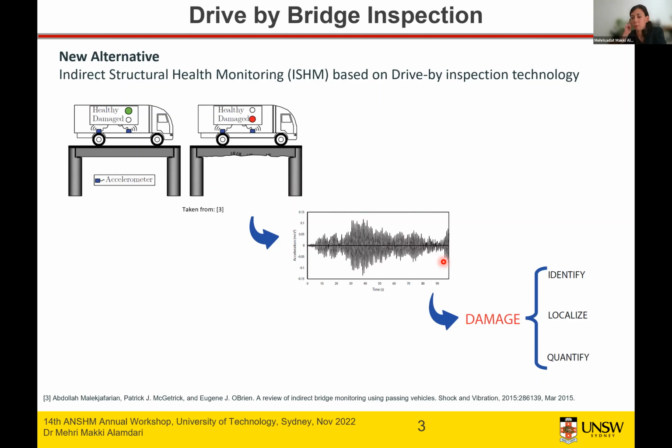These two levels are at the moment the research focus of my research group at UNSW in the School of Civil and Environmental Engineering. We are trying to develop algorithms and frameworks that, purely based on the response of the moving vehicle, answer the questions of detection and localization of damage.